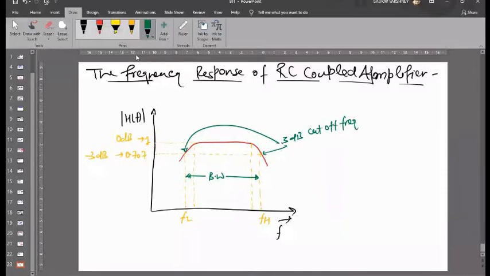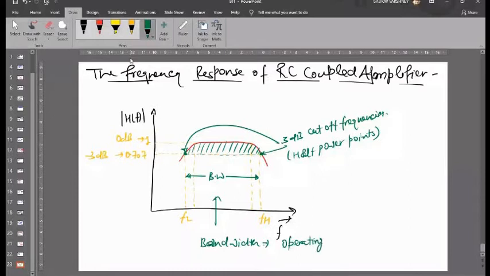Okay, fine. And you know, have you studied the maximum power transfer theorem? Yes, sir. Bandwidth means the operating frequency band of an amplifier, and this equals fH minus fL.